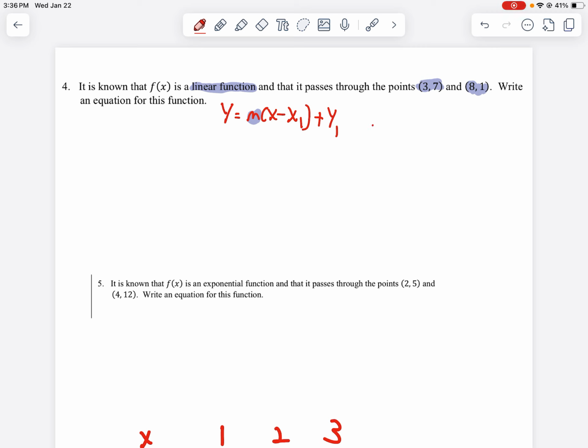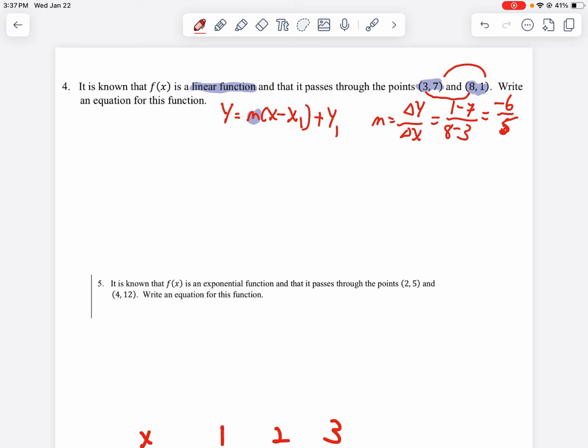That's going to be m equals the change in y over the change in x, so the change in y would be 1 minus 7 over 8 minus 3, which gives us negative 6 over 5. That looks horrible. So we got our slope.